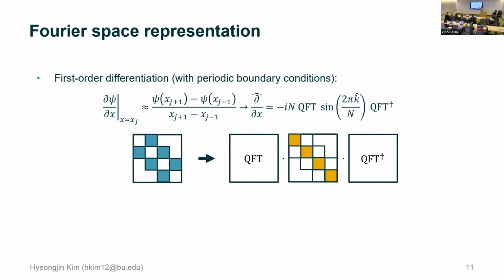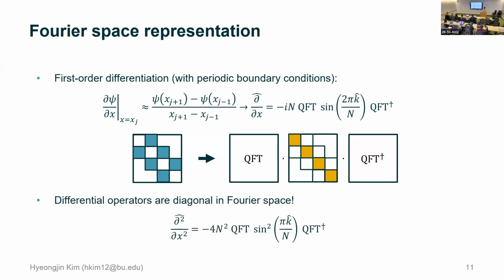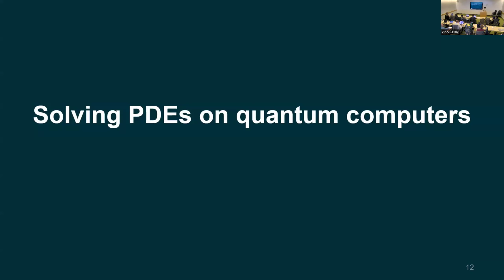We'll exploit this nice feature to simply solve our PDEs. The same is also true for the second order derivative, which is also diagonal in the Fourier space. That's all the terminology and tools that we needed to solve our PDEs.